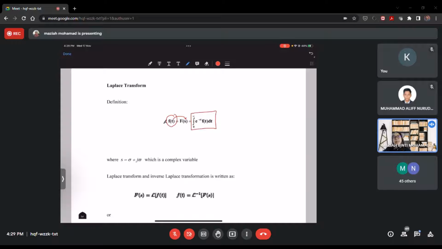I believe you already learned about this step in ODE. Since this is control engineering, we're not going to derive, we're just going to use it. Because this is an application subject, we're just going to apply any common function that has already been derived by someone else. There will be a table there.